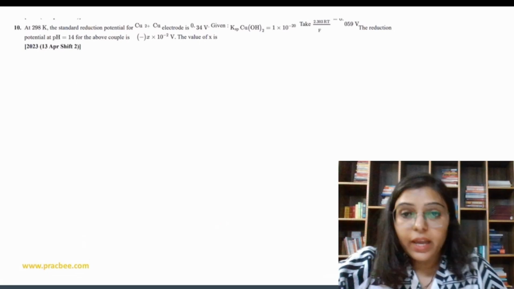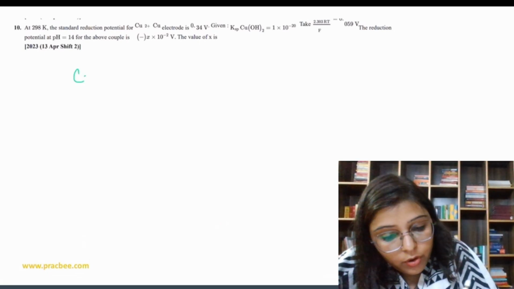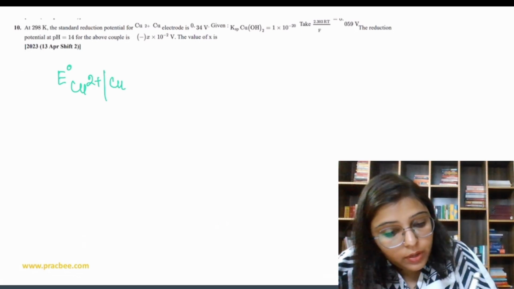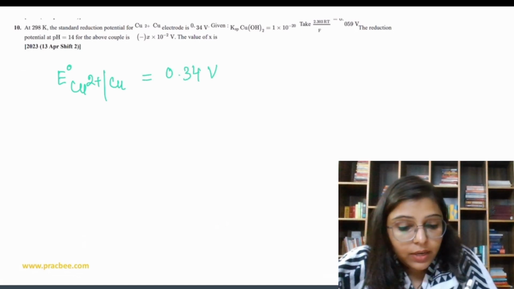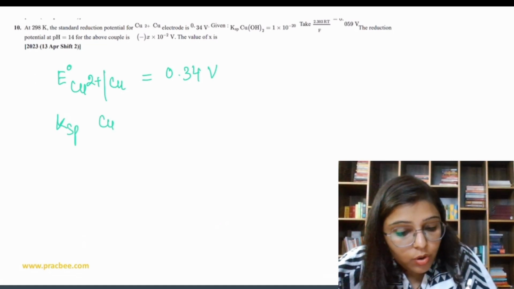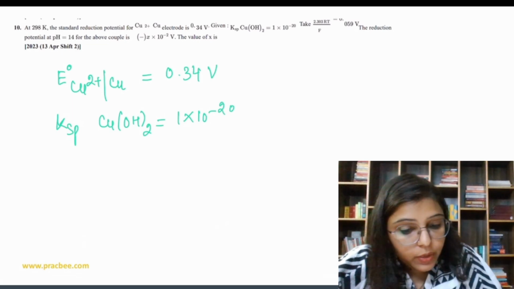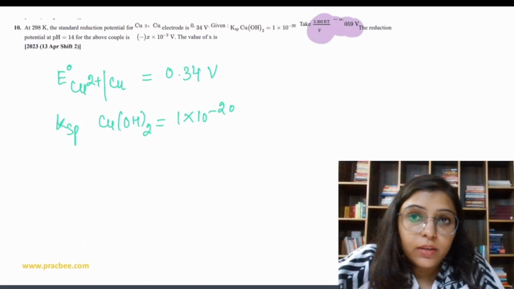Next question. At 298 Kelvin, the standard reduction potential for Cu2+ to copper, E naught for Cu2+ to copper, is equal to 0.34 volt. Given Ksp for copper hydroxide is 1 into 10 to the power minus 20. We have to take 2.303 RT as 0.59.